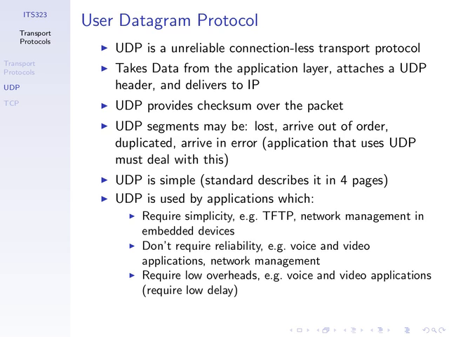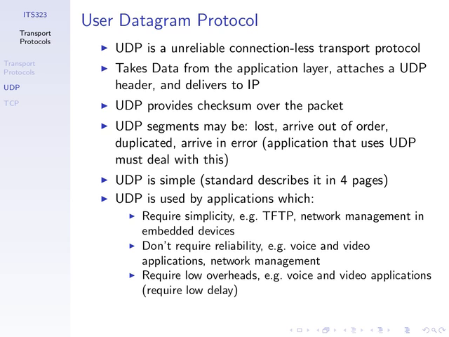Because it's very simple, it's used by applications that require simplicity. Maybe you have an application for an embedded device, a projector, and you want to use IP and an application to control the projector. It's running a simple application on the projector, and I can contact that from my laptop.